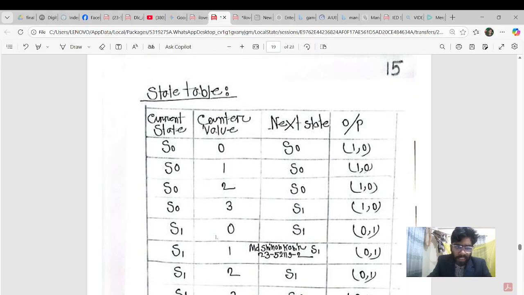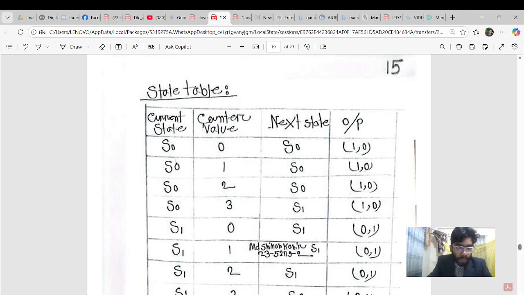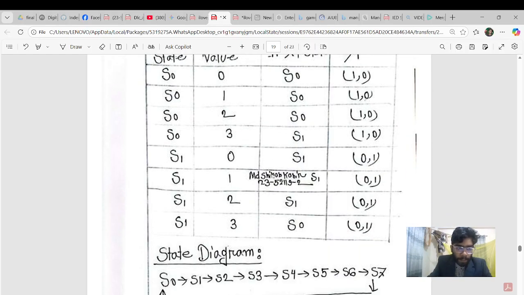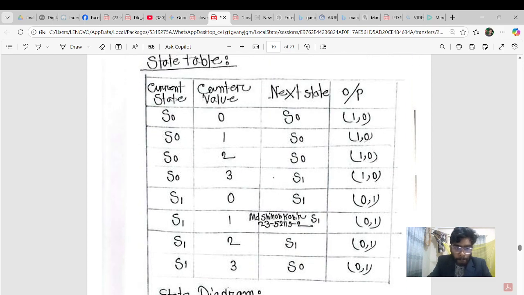Now analyze the state table. S0 is present state for counter values 0 to 2, which means the next state stays S0 with output 1 0. For counter value 1, next state S0, output 1 0. For counter value 2, next state S0, output 1 0.